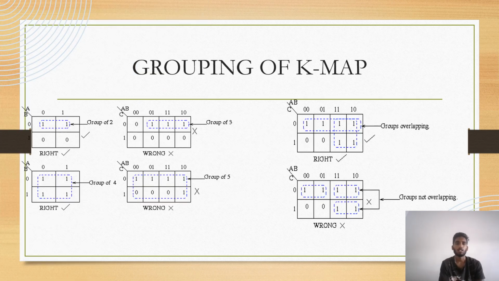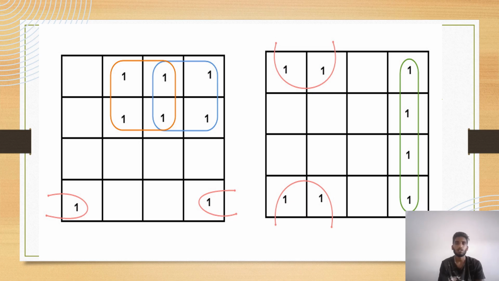Grouping of K-map. We can group two cells, but a group of three is wrong. We can group four cells also, but we can't group five cells like this, and the groups should not overlap.